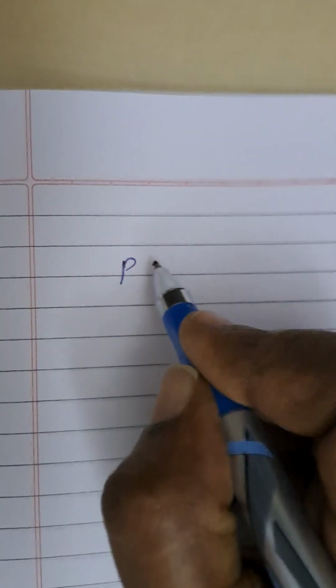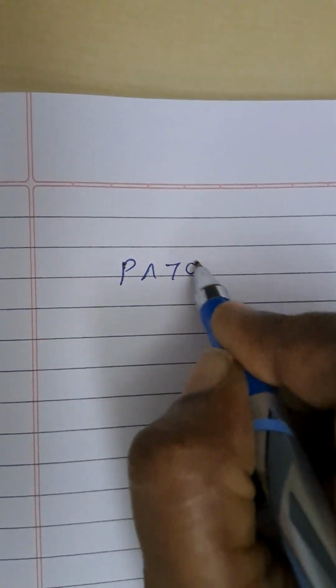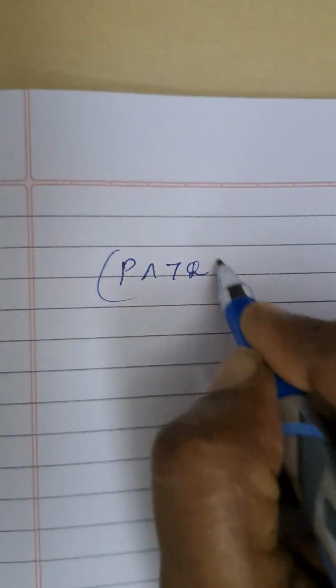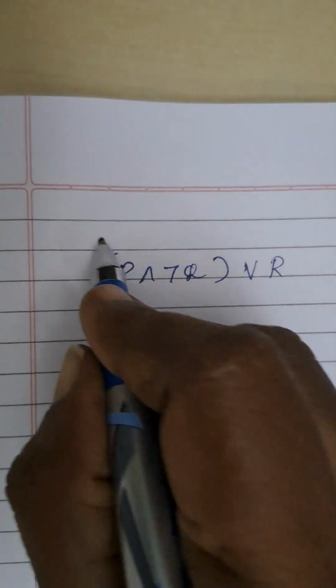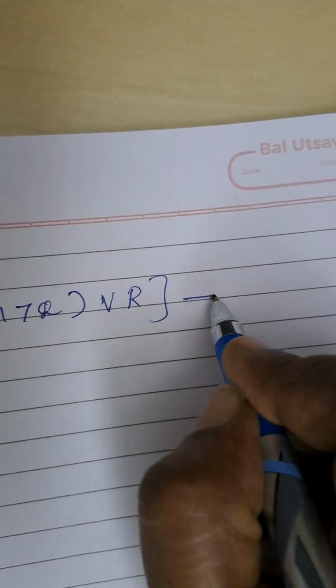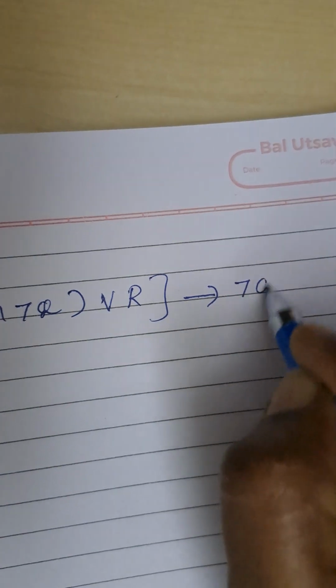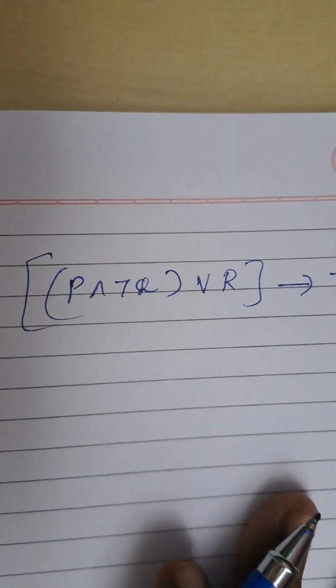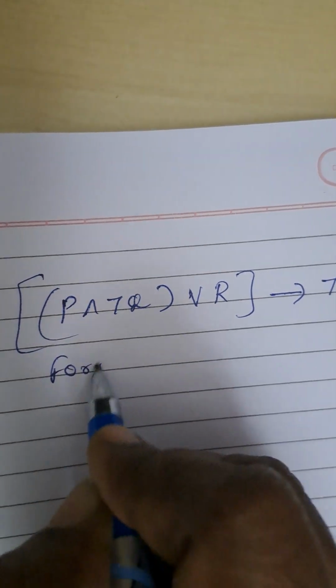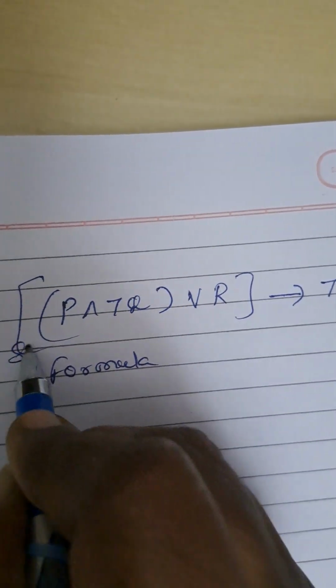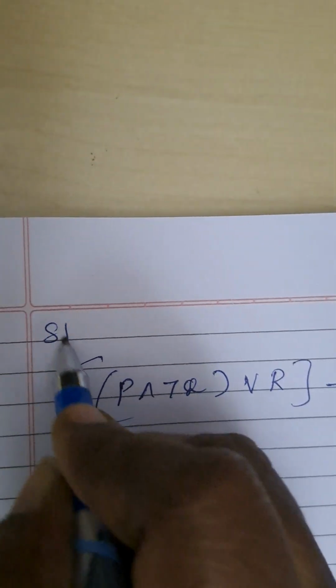Then you can combine many things together like P and negation Q, or some R, the whole thing to negation Q, something like that. So this is called a statement formula.